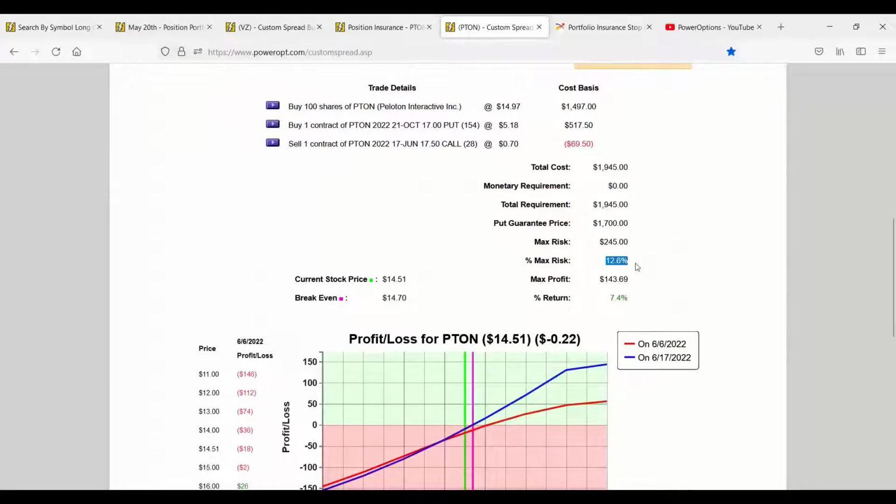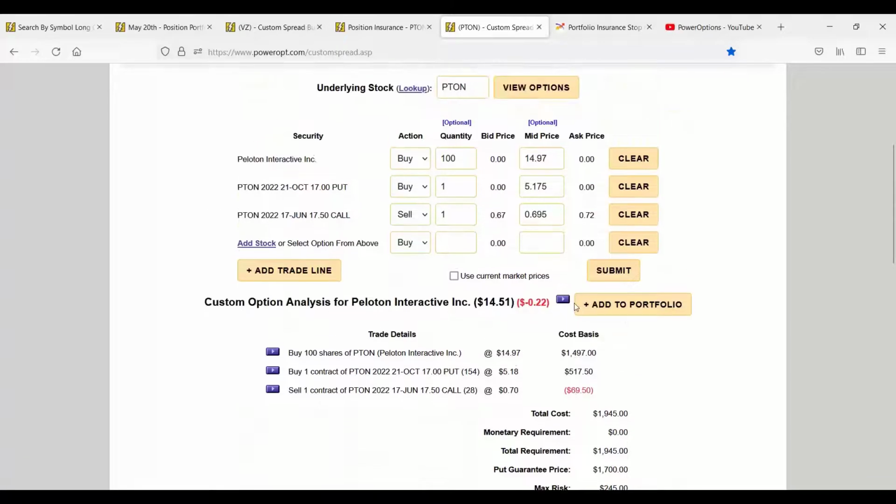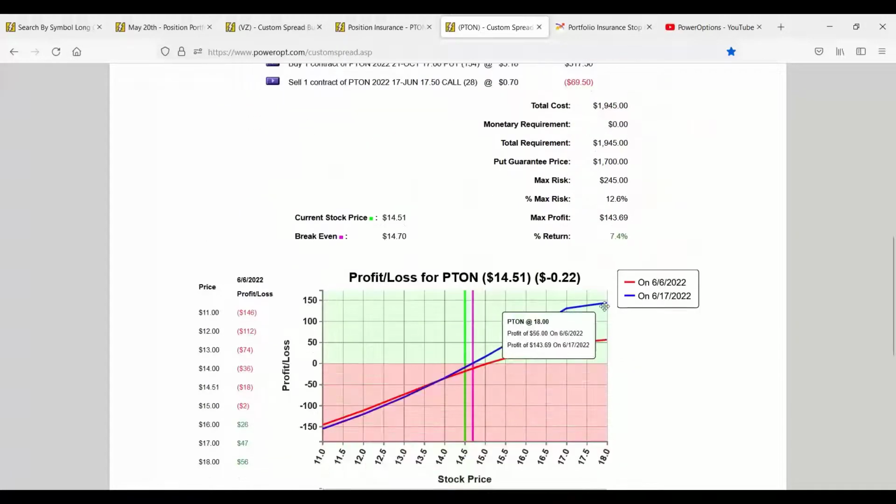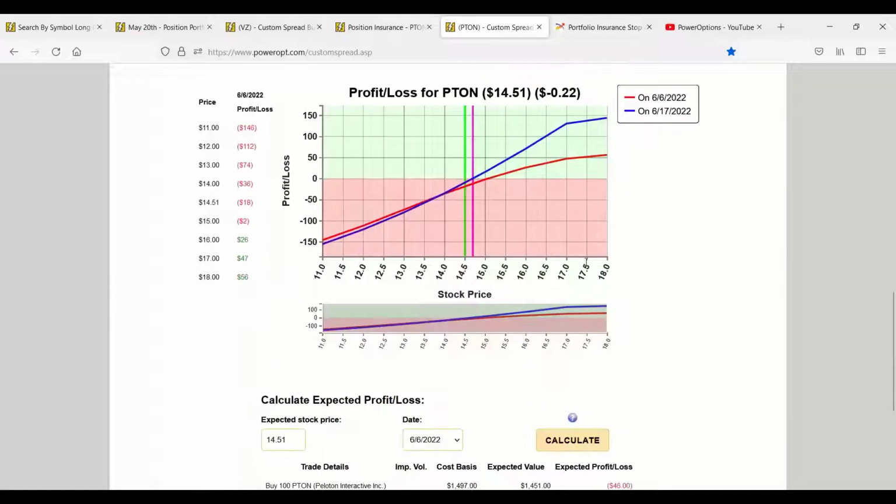And I lowered the risk down to 12.6%. I give myself a wider berth, lower the risk, and I still make a maximum 7.4% in case the stock is above the strike price there.